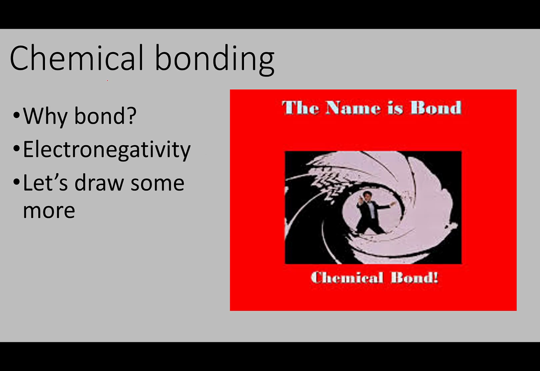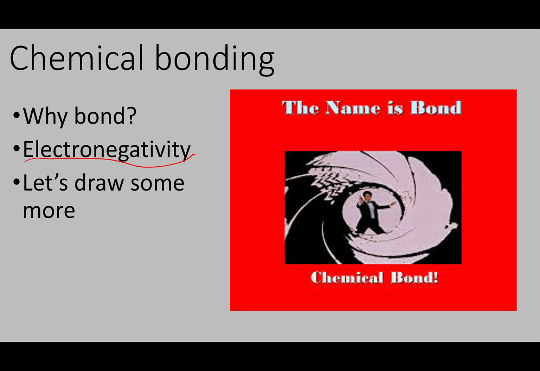How does it do that? Well, there's a few different ways, and we're going to look at those over the next few slides. But it's going to come down mostly to something called electronegativity. Electronegativity is the strength with which an atom pulls electrons towards itself.